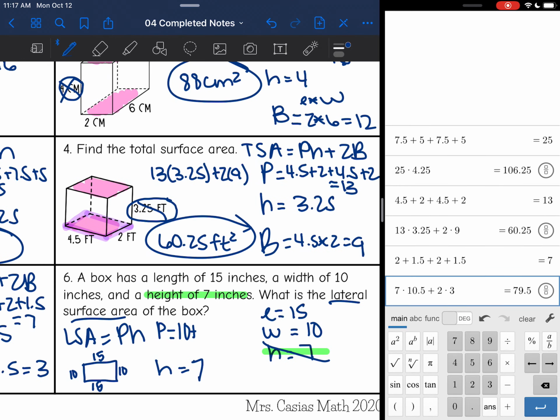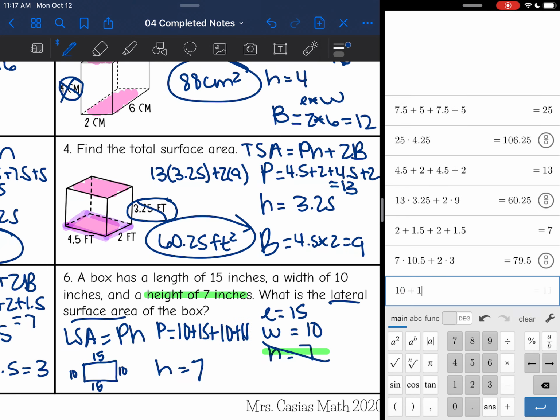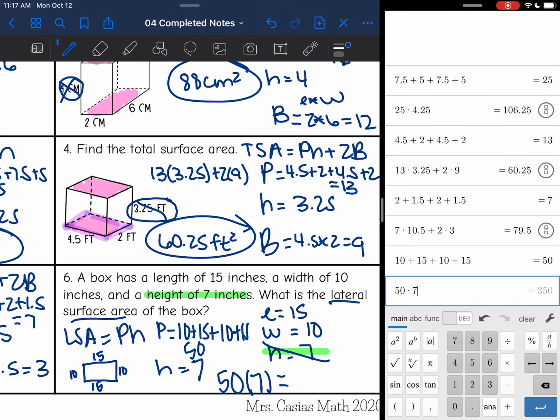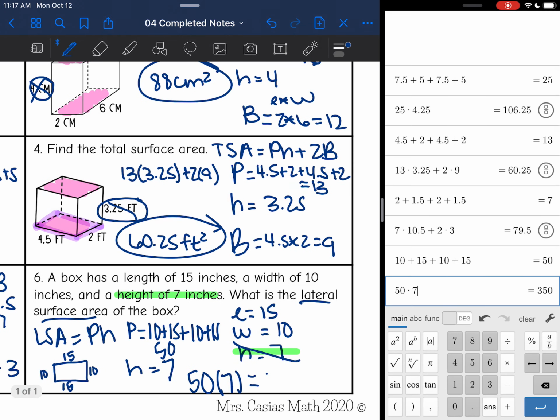So it'll be 10 plus 15 plus 10 plus 15, and that is 50. And now I just multiply them together to find the lateral surface area. 50 times 7 is 350 inches squared.